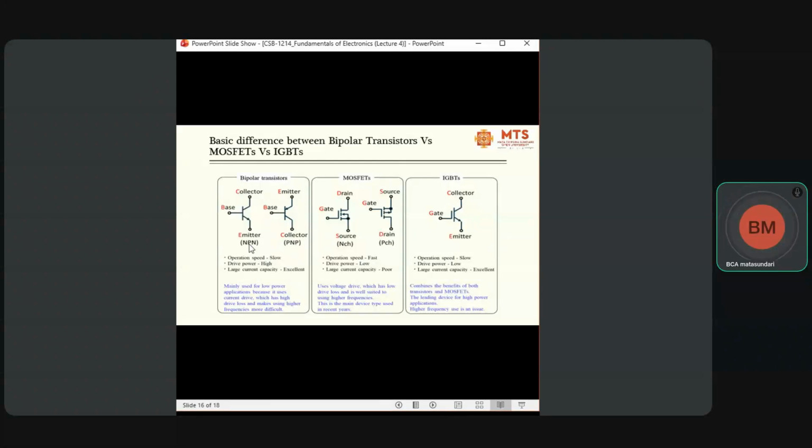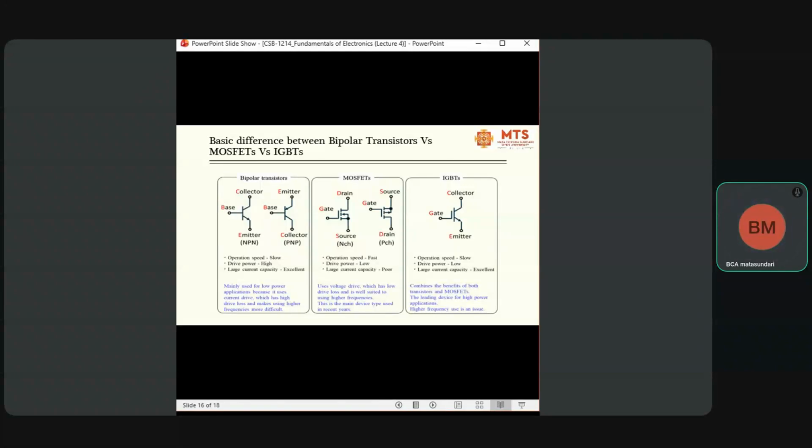This is NPN and this is PNP. It is mainly used for low power applications because it uses current drive.